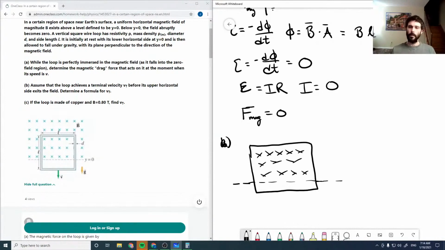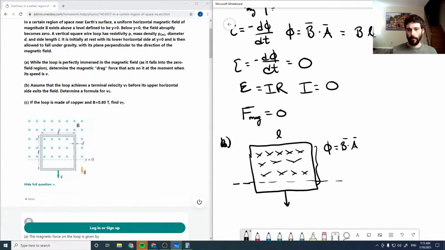Okay, and so now our phi is still B dot A, but our A is now just the area enclosed by the B field. So it's L on this side, but then on this side it is, and we're going to give it a speed v.